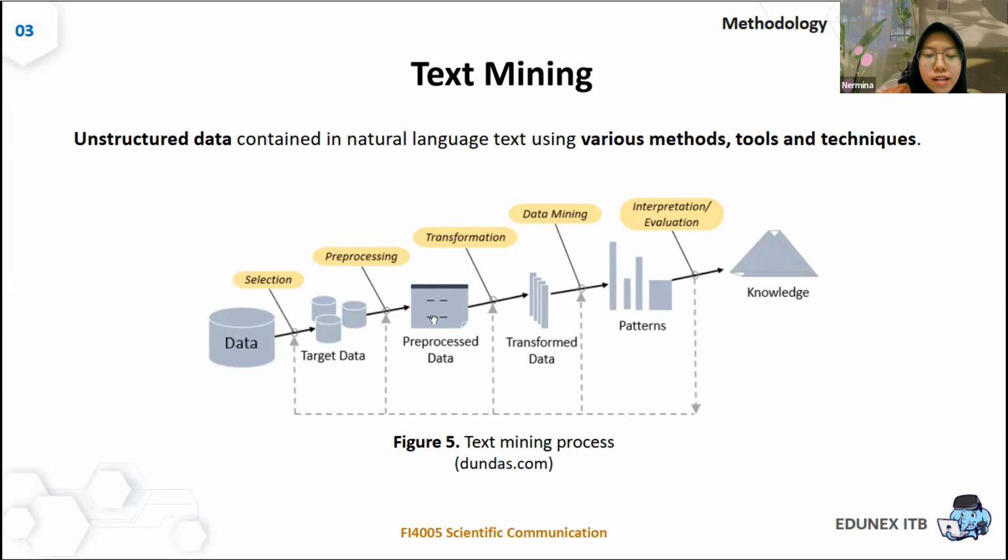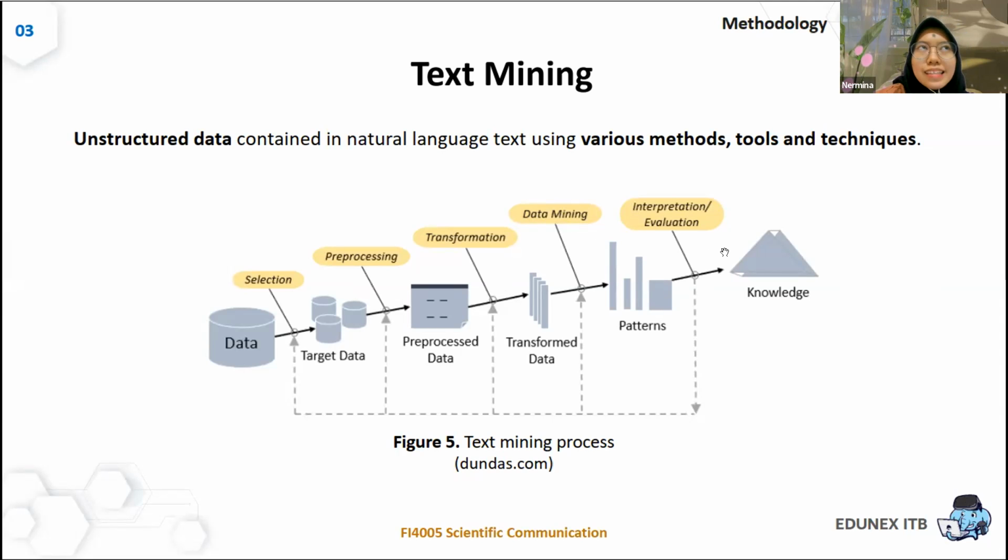After the data is obtained, it enters pre-processing, which includes cleaning, stemming, and tokenizing. The data will be cleaner after the pre-processing process and can be called pre-processed data. Then it is transformed into transformed data, and text mining will merge into data mining. Data mining is used in structured databases. And now we can see the patterns and the modeling process can be executed.